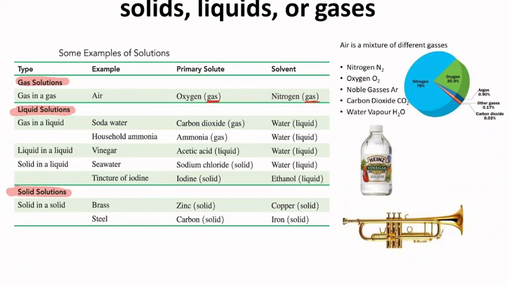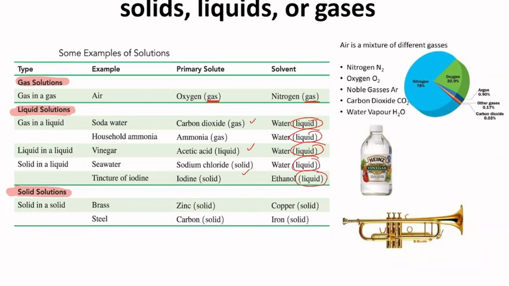We can also have liquid solutions, which is the one that we are most familiar with. In liquid solutions, your solute can be a gas, a liquid, or a solid. The main thing that makes a solution liquid is that your solvent is in liquid form. So we can have a gas in a liquid.